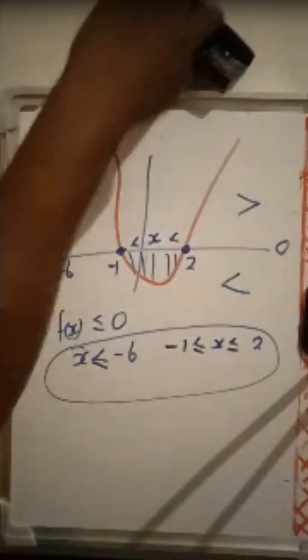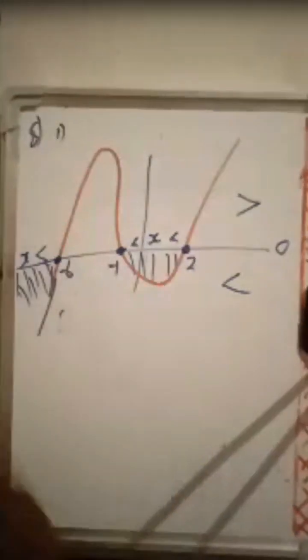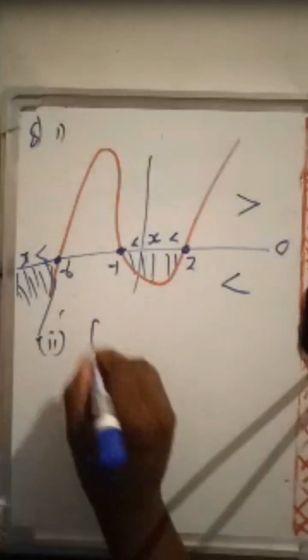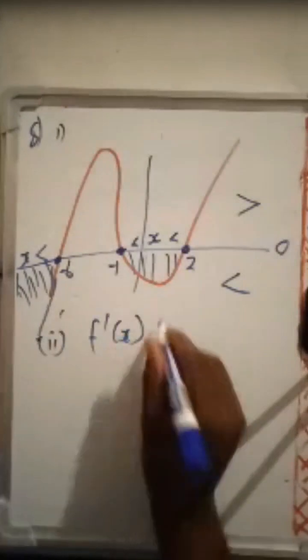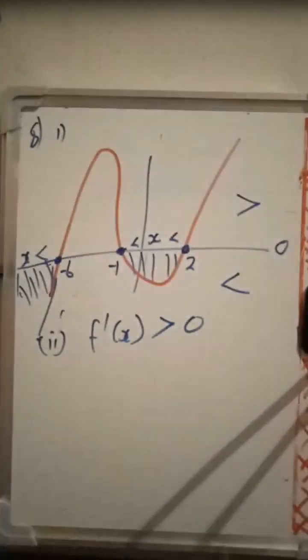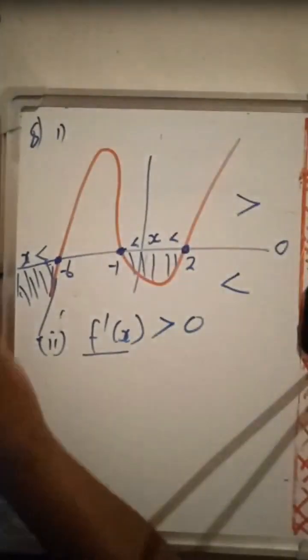The second one, it's talking about number 2. It's talking about the gradient of x is greater than 0. Now, remember that this one is what? This means what? Gradient.